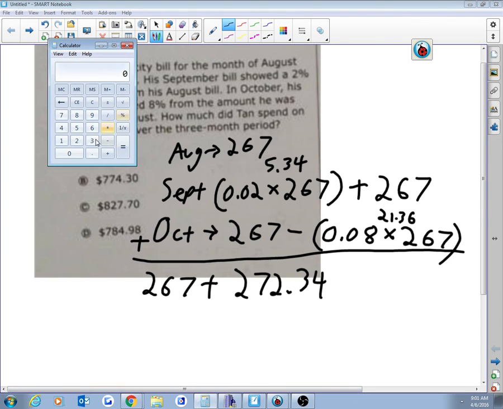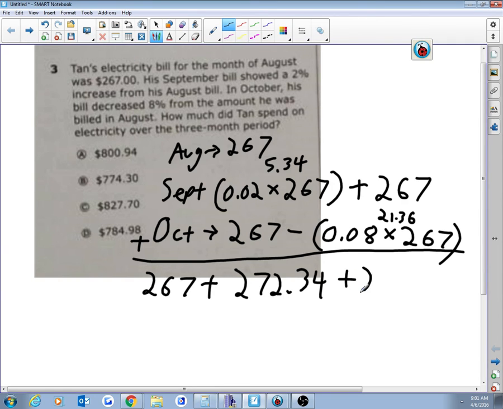So 267 minus the decrease of that 8%, which is 21.36. If we were doing this by hand, we'd have to line up that decimal, and that gives us 245.64.